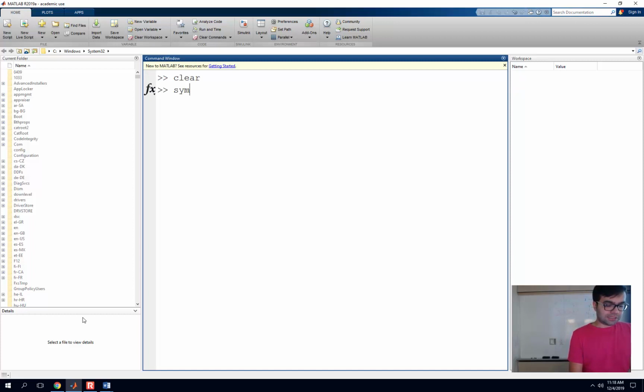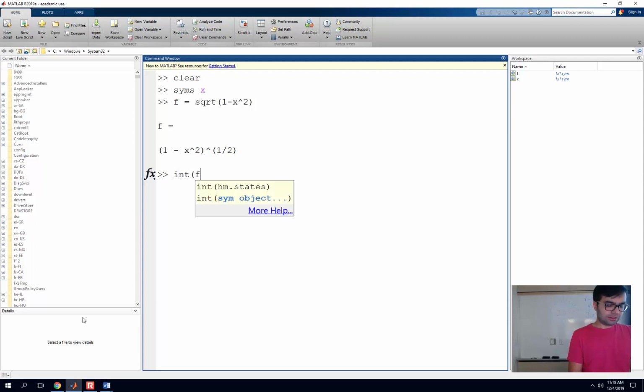That would be syms x and f equal to sqrt of 1 minus x squared. And then that would be int of f between -1 and 1. It's pi over 2.